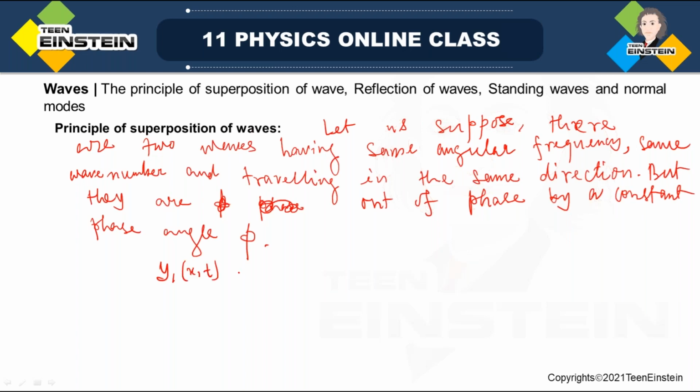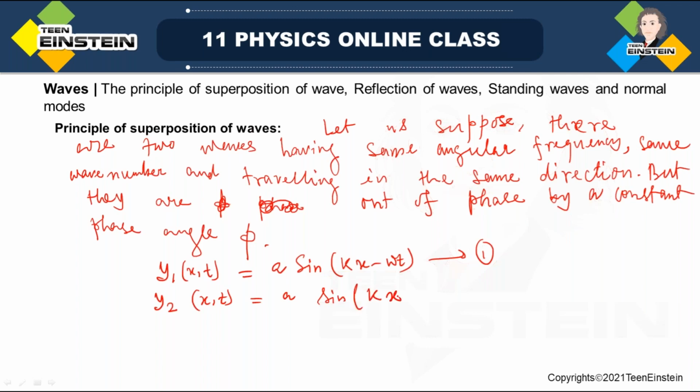Let us take a sine of kx minus omega t, one wave. The second wave, a sine of kx minus omega t plus phi, both are functions of sine.